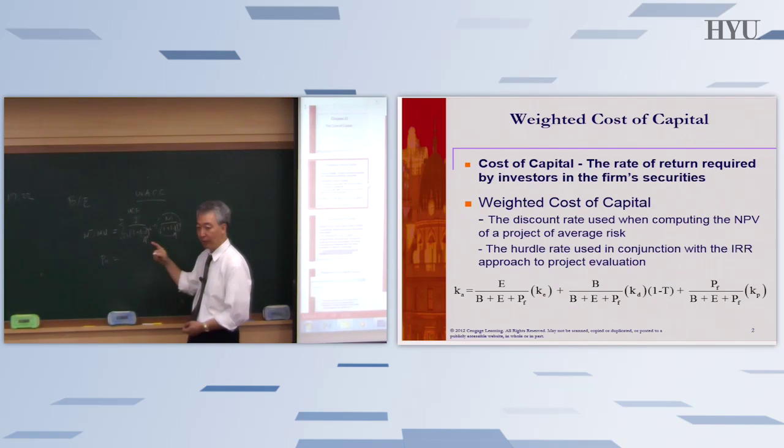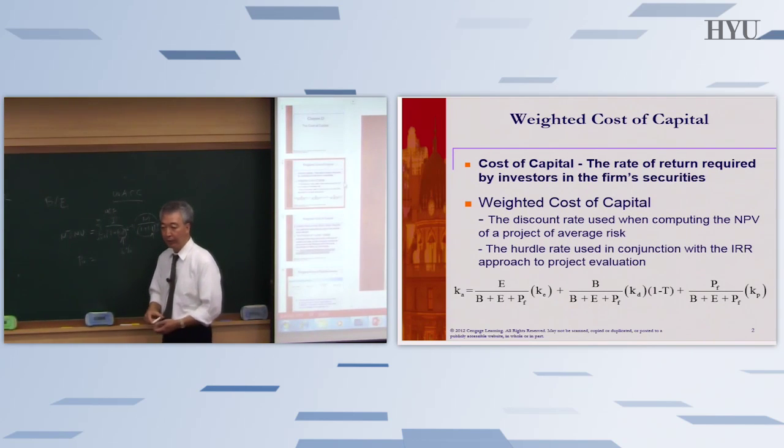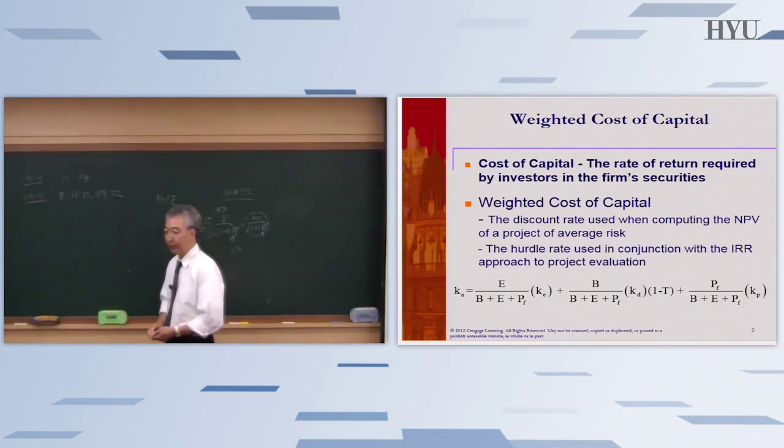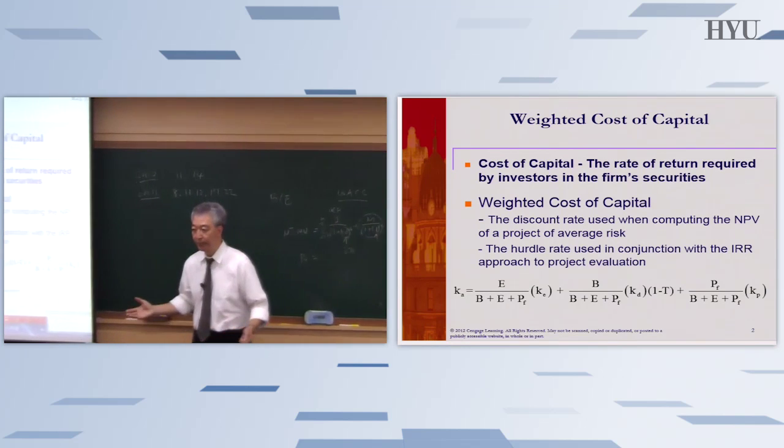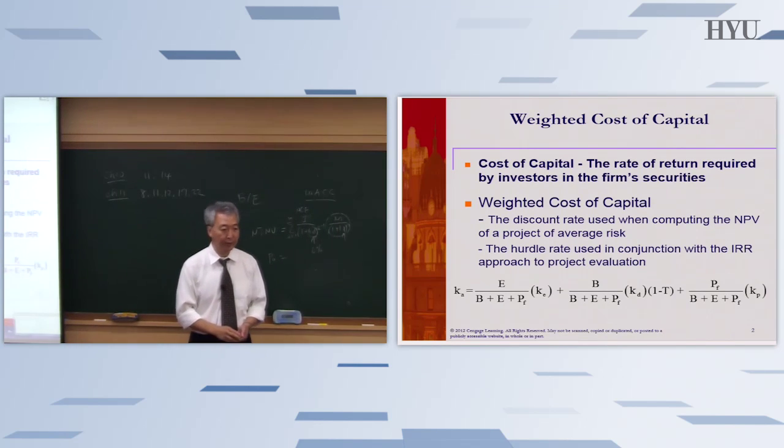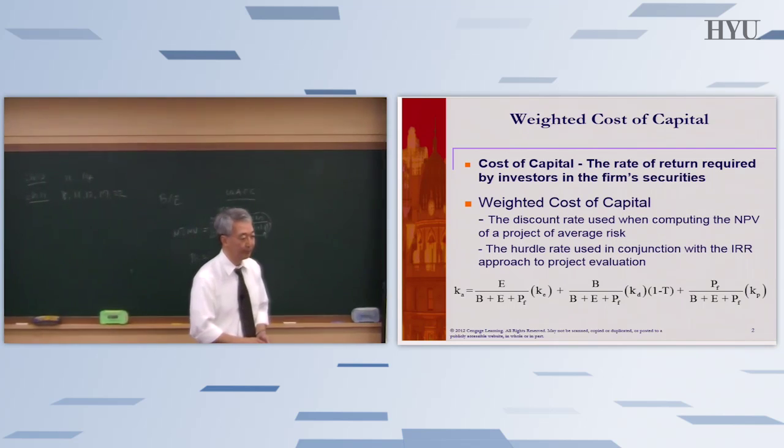Remember that? So let's say IRR came to be 6%. You calculated IRR as 6%. Then how do you use that IRR to make the decision?